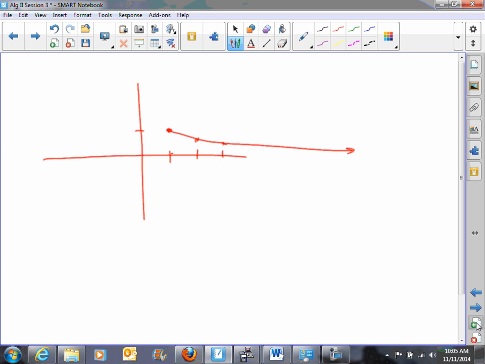And at -1, we get -1. At -2, we get -1/2. So all the way out from -1 to negative infinity, our y values are between -1 and 0. The place where we get all of the other values for the function are between -1 and 1.